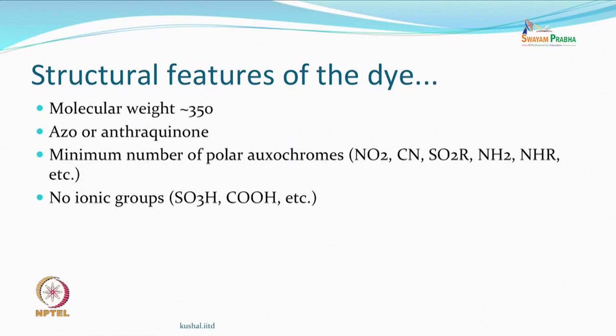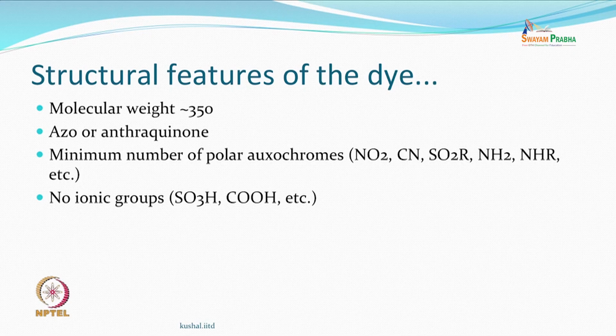So some other things, obviously based on the experiments that people have done: if the molecular weight is very high, then it is also high energy. If it is very low, in the range of 200s, 250s, then again it is low. So somewhere in the moderate range, around 350, not exactly a number, people may like to have a molecule of this size.